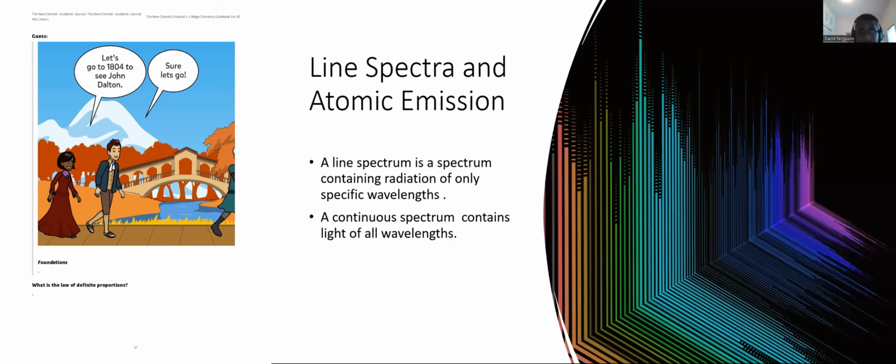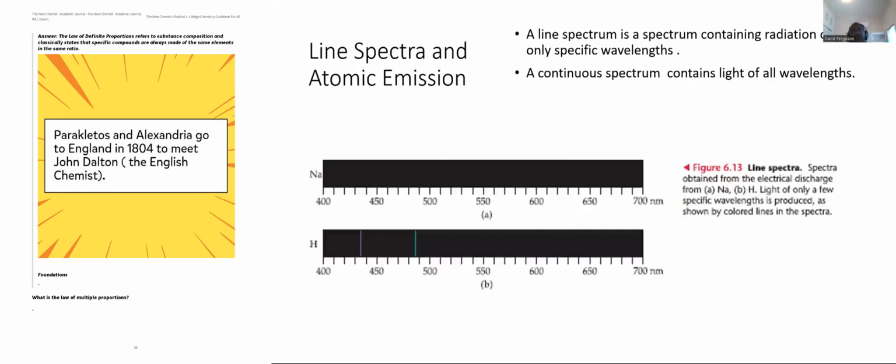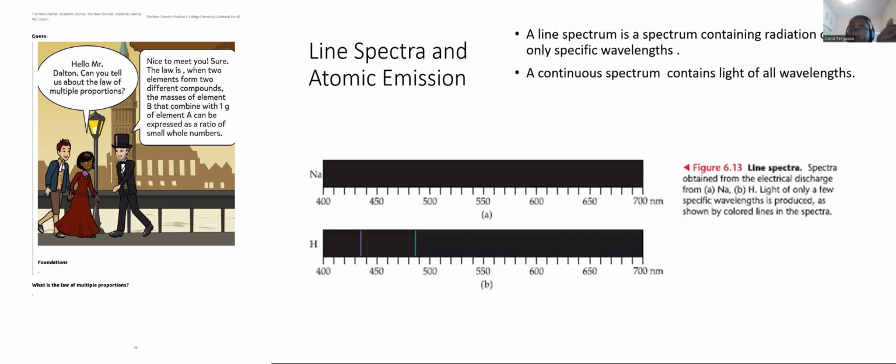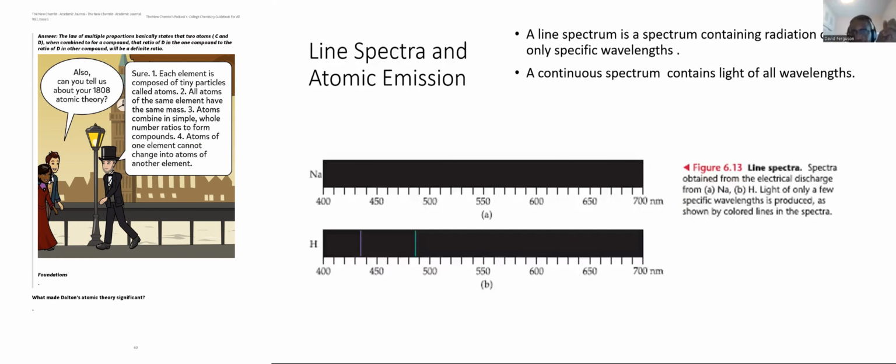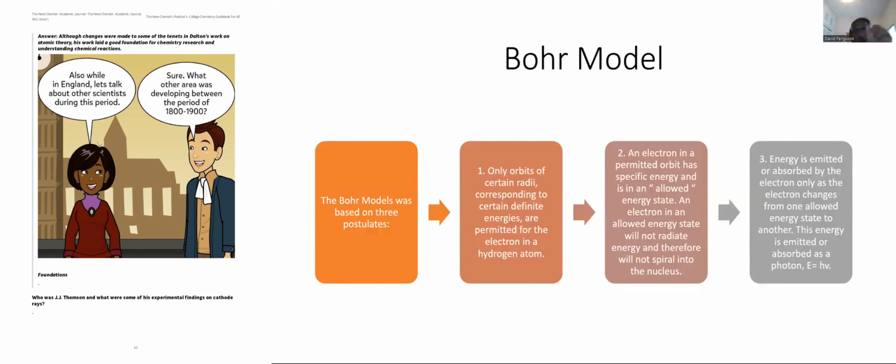A continuous spectrum contains light of all wavelengths. An example of a line spectrum you see below, obtained from the electric discharge from sodium or hydrogen. Light of only a few specific wavelengths is produced, as shown by colored lines in the spectra. A continuous spectrum contains light of all wavelengths.